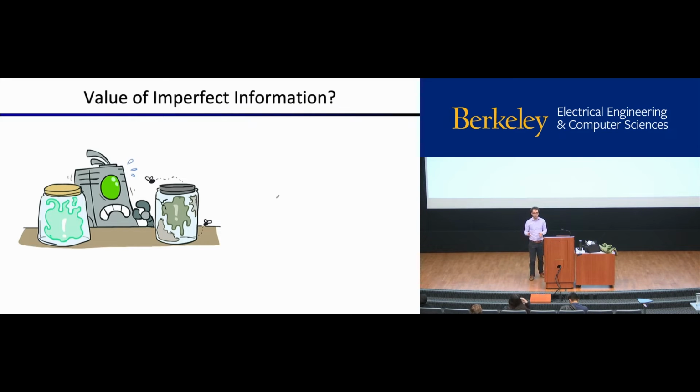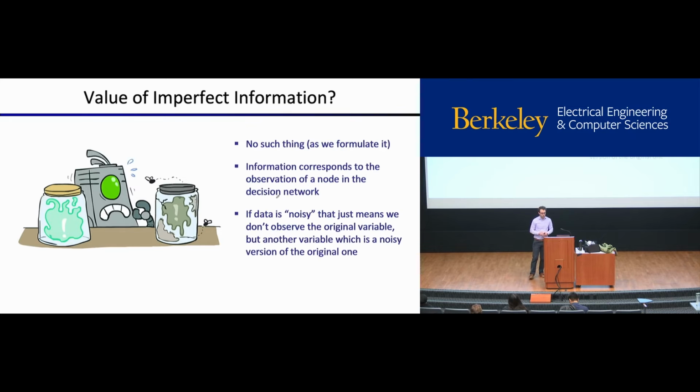So this is like the scouting report. So no such thing as imperfect information. The information corresponds to observing one of these nodes. That's our evidence. If we observe the scouting report, we have perfect information about the scouting report. That means we might have like some uncertainty about what the actual oil location is.